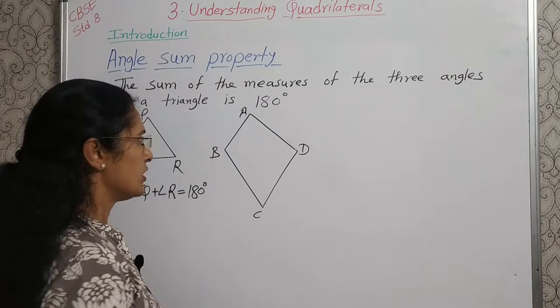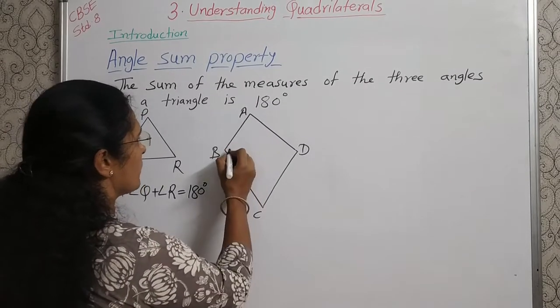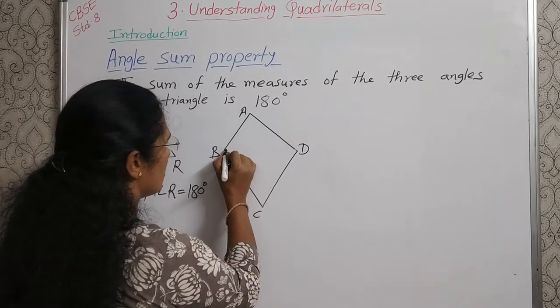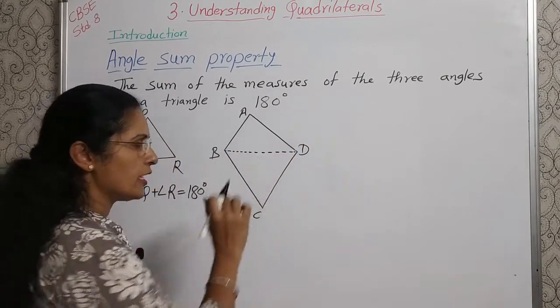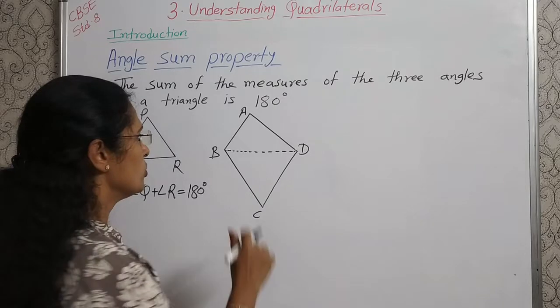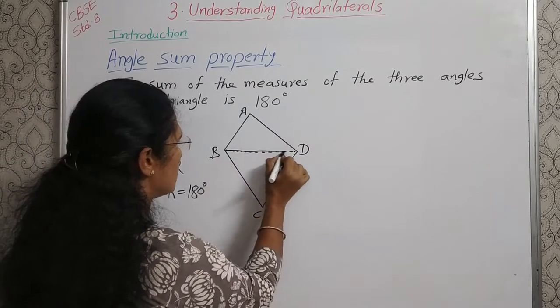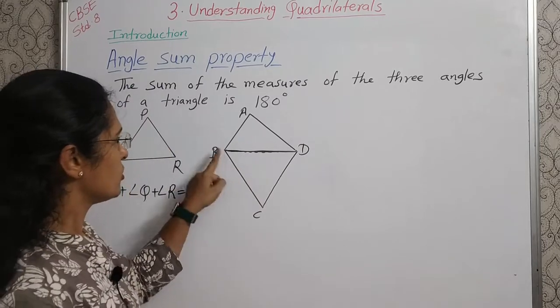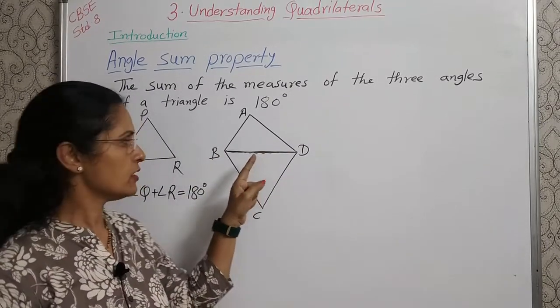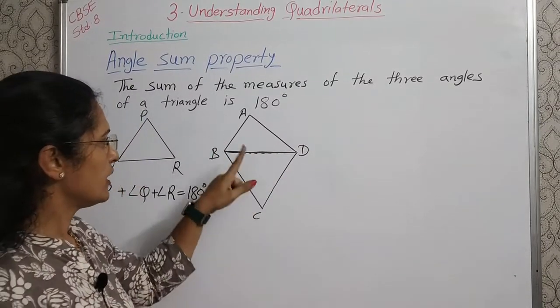This is a quadrilateral. See, if we draw BD, then this quadrilateral will get divided into 2 triangles because of this segment BD. Actually it is the diagonal of this quadrilateral.